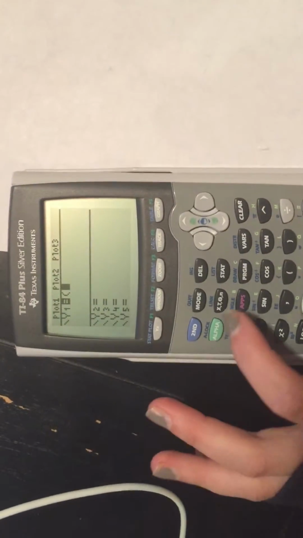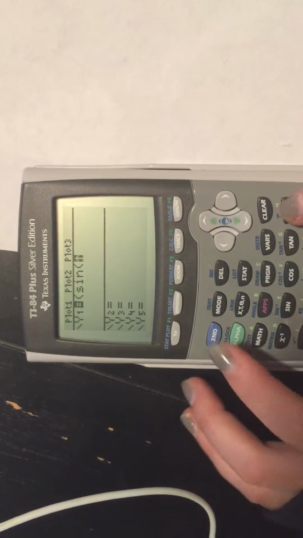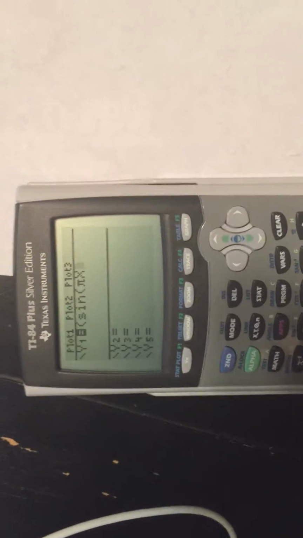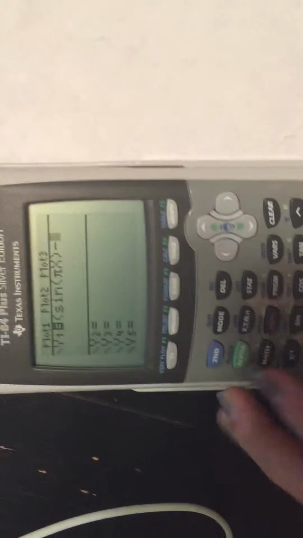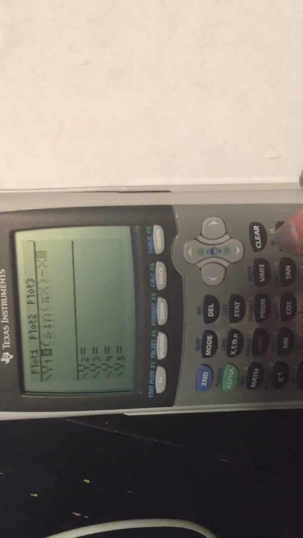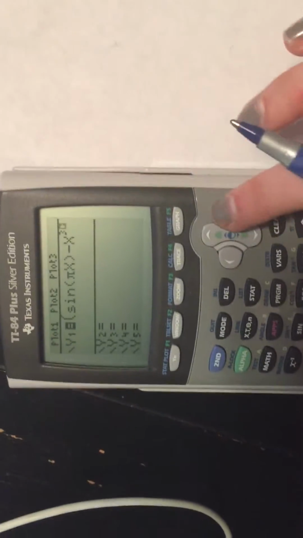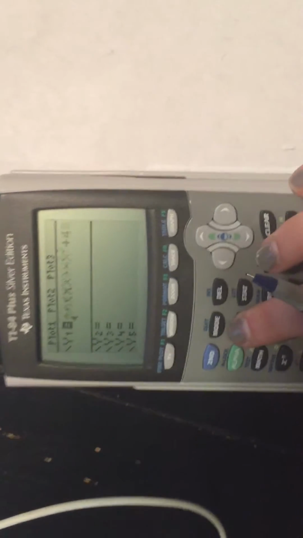So we're going to go over to our calculators, clear the previous, and type in parentheses, sine pi x minus x cubed plus 4x, and then close the parentheses and square it.